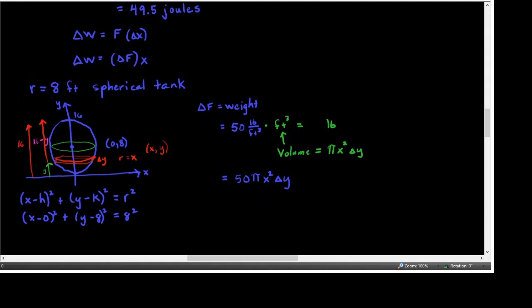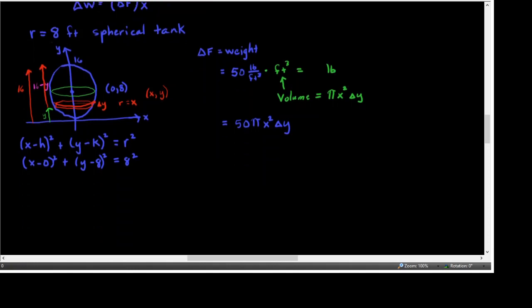And so this equation simplifies to be x squared plus y minus 8 squared equals 64. And that means that x squared is equal to 64 minus, let's go ahead and do that squaring, y squared minus 16y plus 64.